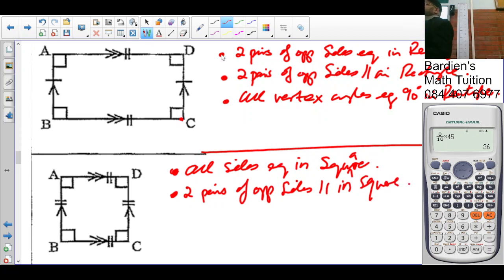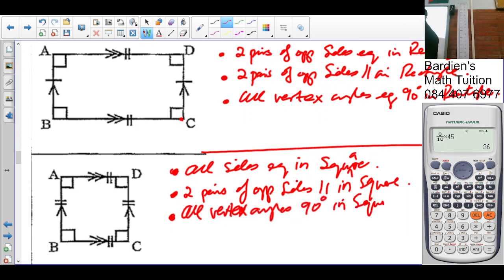Third one? All vertex angles then? Vertex angles are perpendicular or 90 degrees in a square. And there are your three properties of a square.